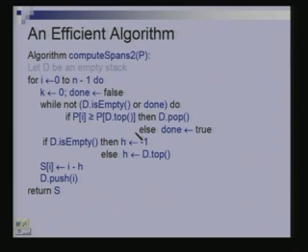Yes or no? Yes. So, how many times is this loop executed overall? Every time this loop executes, we are removing an element from the stack. So, if the total number of elements we ever pushed on the stack was n, then how can I pop off more than n elements from the stack? So, that means that the total number of times this loop executes is not more than n.